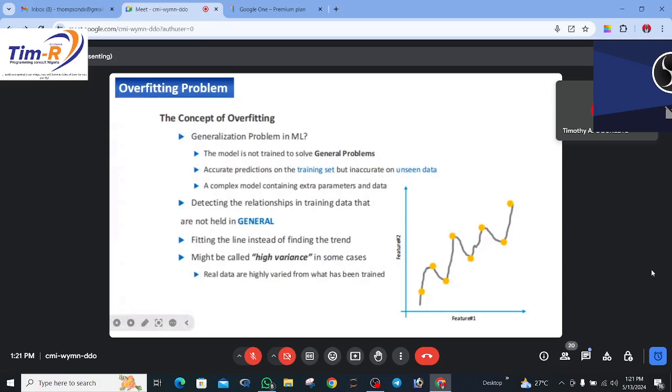The concept of overfitting is just like the generalizing problem in ML. The model is not trained to solve general problems. It gives accurate predictions on the training set but inaccurate on unseen data.